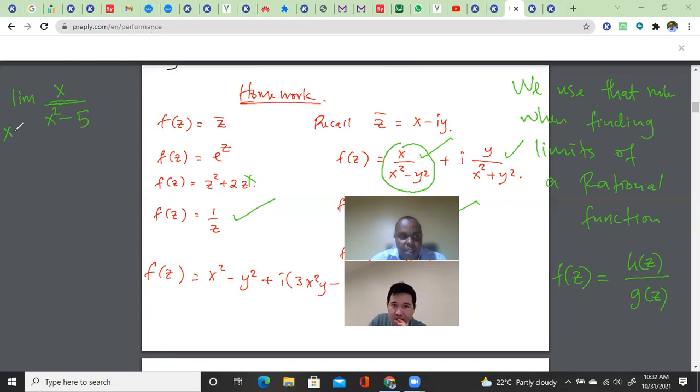And we want to investigate the limit of this function as x approaches square root 5. Or maybe let me change this to be 25 and then let x approach 5. Try using L'Hopital's rule.